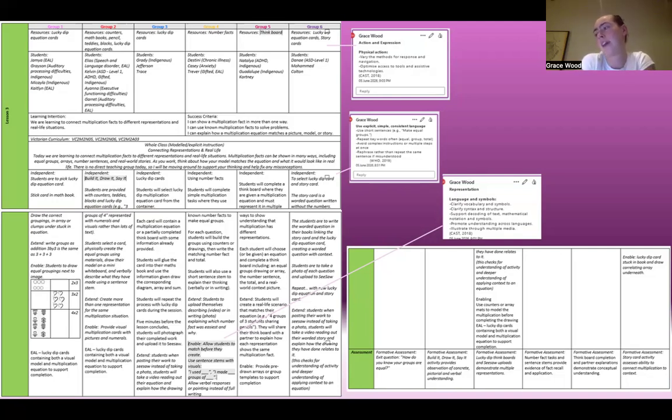Justification of how the intervention is suited to the diversity of the students.